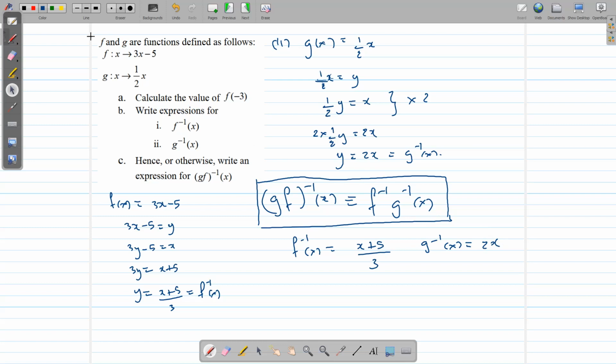And so what we're going to do is to take our 2x, and since we're making a composite, because this is a composite, we're going to put a 2x right here, substitute it. So f inverse g inverse of x would become 2x plus 5 over 3.